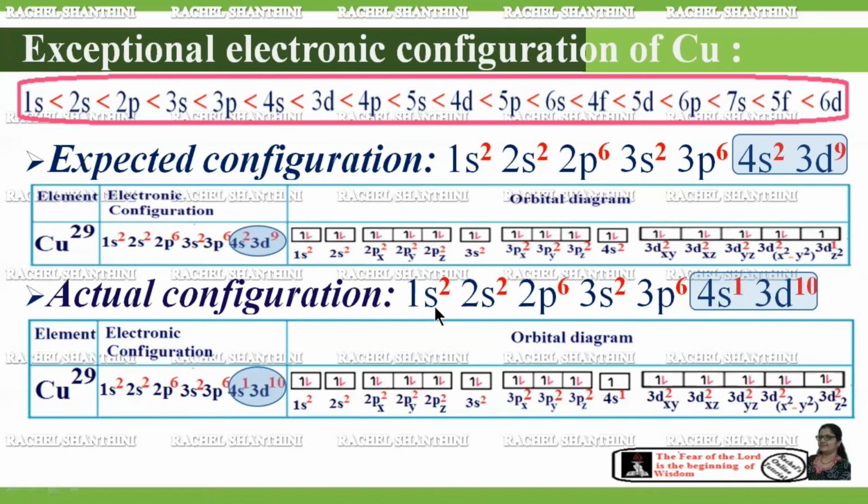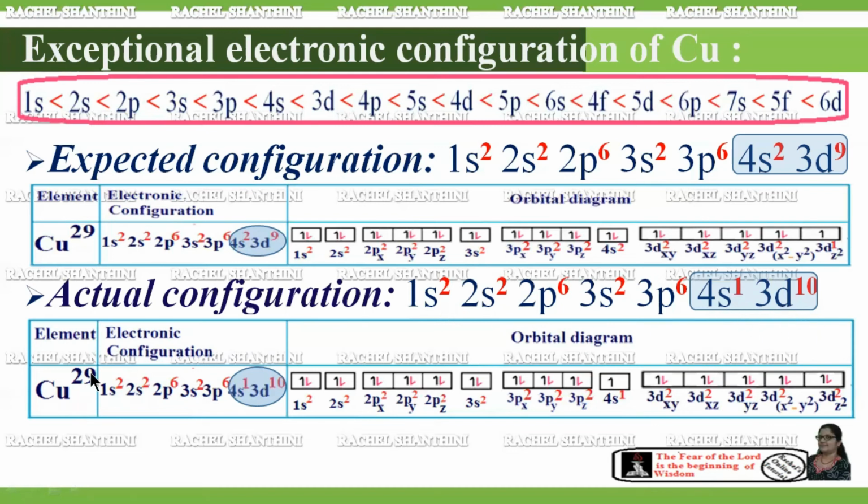That is from 1s to 3p6, it is very normal. When coming to 4s orbital, instead of 2 electrons, only 1 electron will occupy the 4s orbital and the second electron goes to 3d orbital. So the actual configuration of copper will become 4s1 and 3d10.